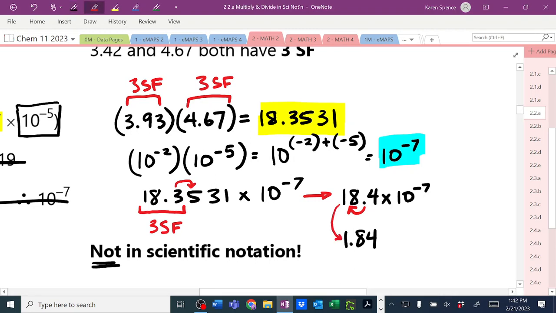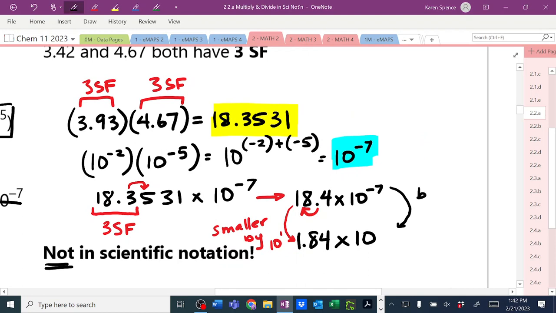This got smaller by 1 power of 10, which means that our exponent must get bigger by 1.